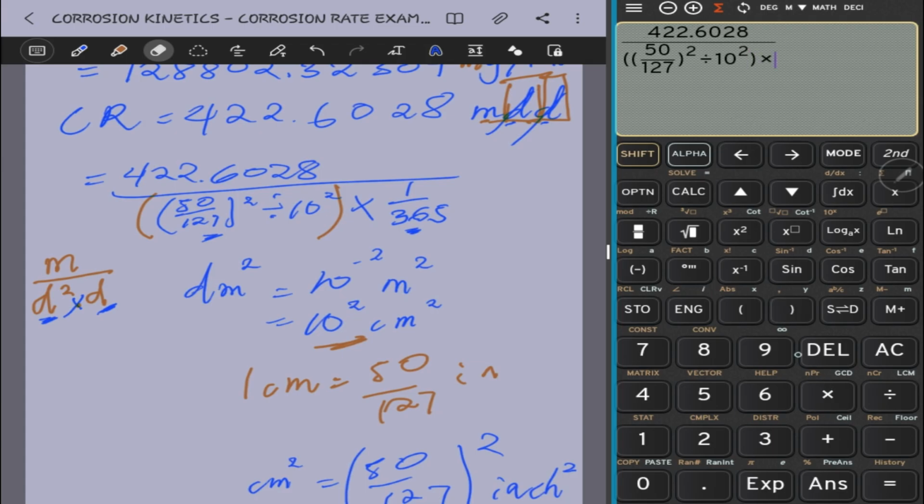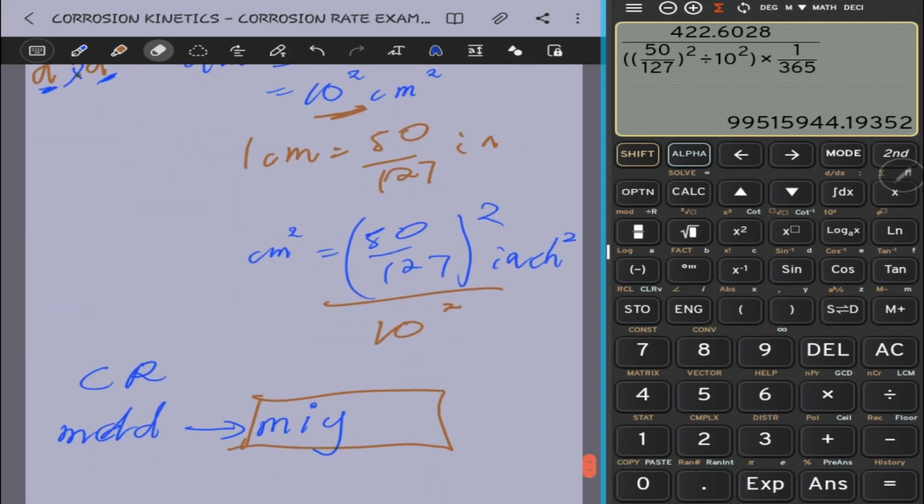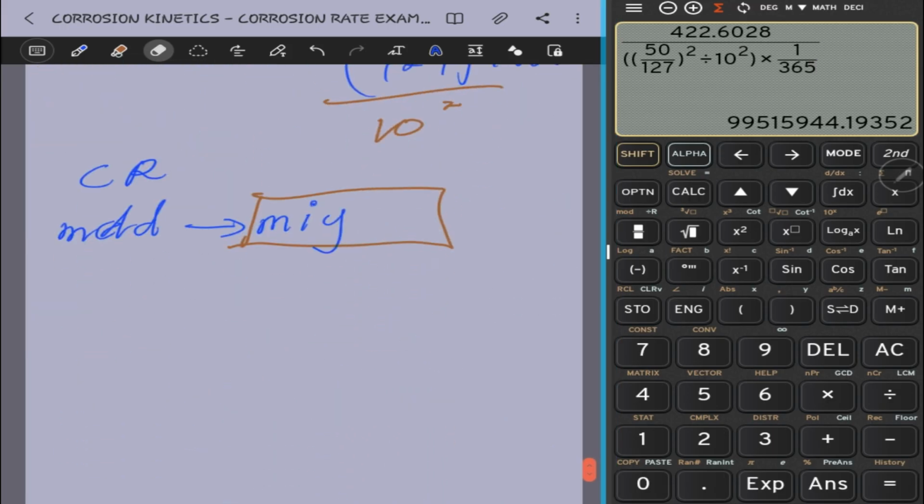And then we multiply by 1 on 365, right? 1 on 365. So this is what we are getting for the corrosion rate, right? Converting it to milligrams per inch squared per year, right? So this gives us the CR.